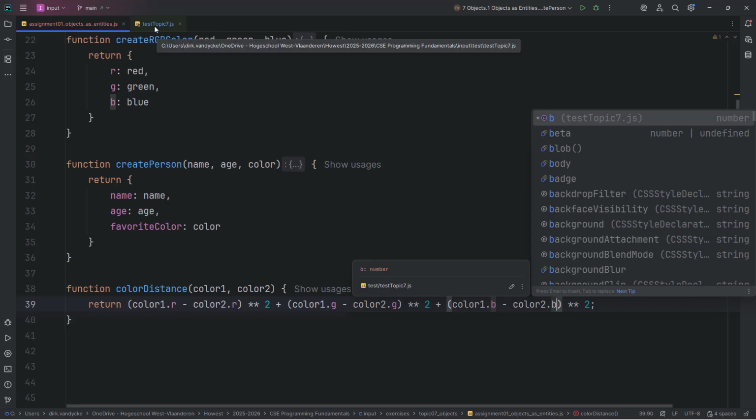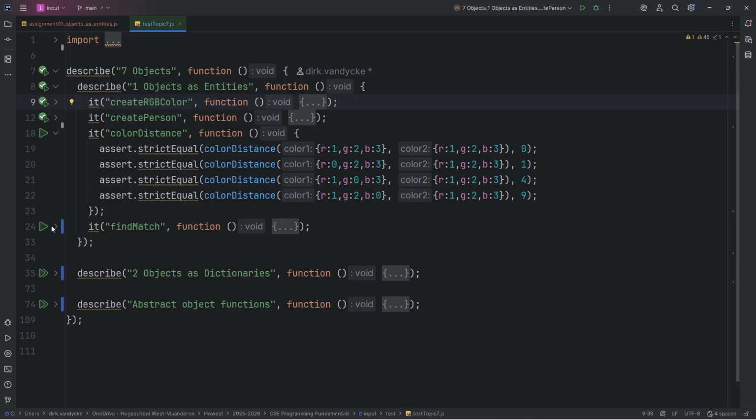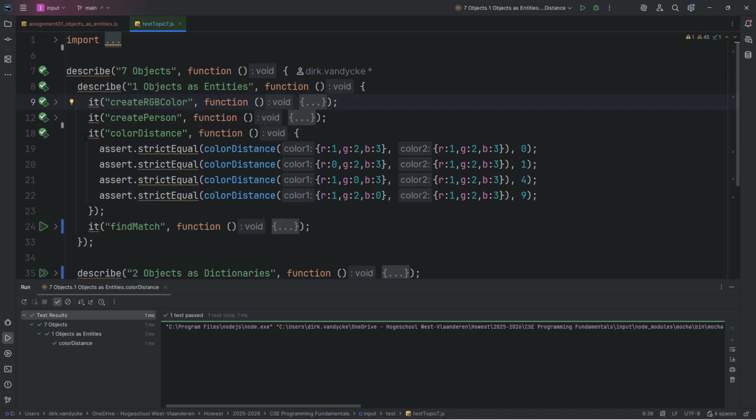Let's see if that's what the tests do as well. And this seems okay. So as you can see, we have two equal colors with color channels 1, 2, 3 for R, G and B on both sides, so the difference should be 0 as it is.